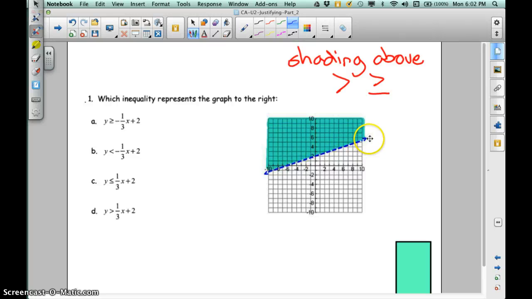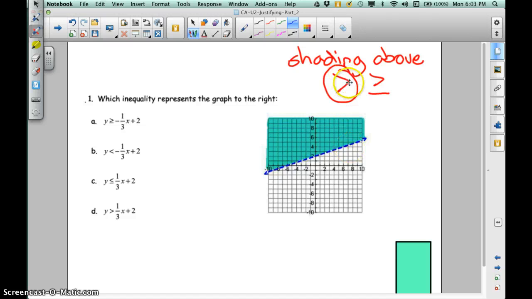So should I be looking at something that includes the line or doesn't include the line? Is equal to a point on the line or is not equal to a point on the line? I hope that you remember from a few minutes ago that we need, in that case, no equal to underneath because the dashed line means we are not including the points on the line.